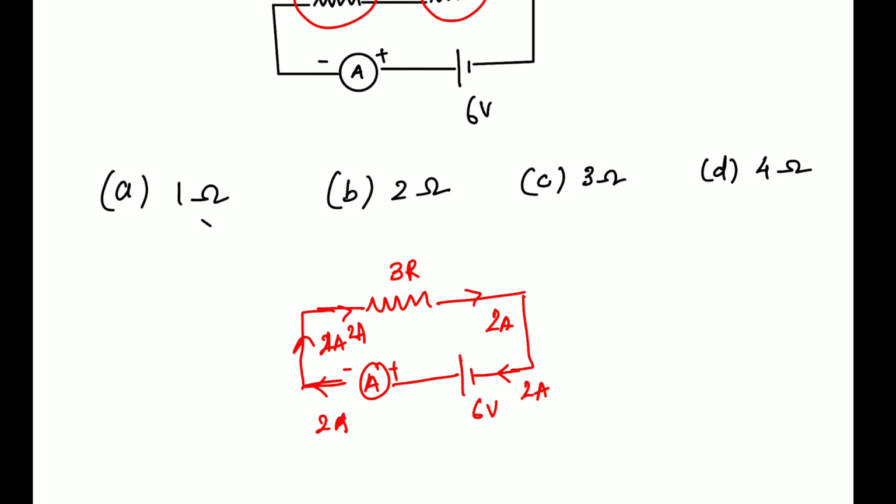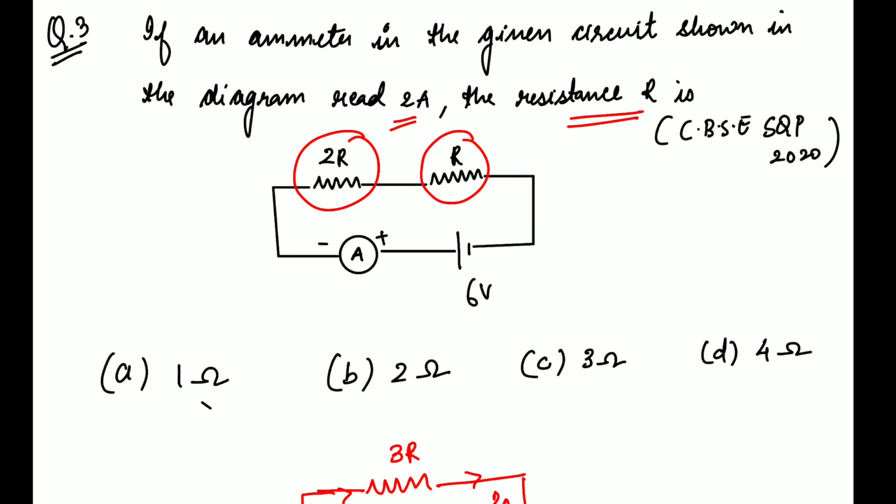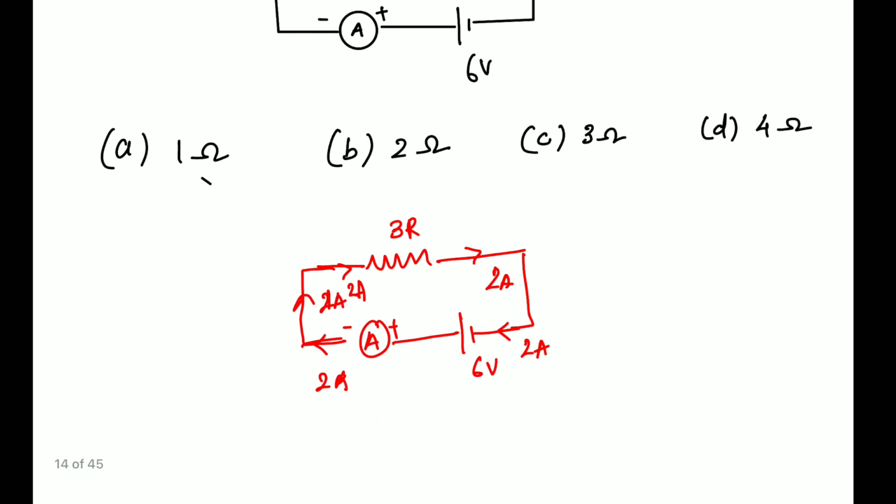Okay, now the question is asking us to find the value of R, right? So how can we do it? I can simply use Ohm's law. Ohm's law states that the current flowing through a resistance is directly proportional to the potential difference, or I can simply say V equals I times R. V is given to us, that is 6 volt.